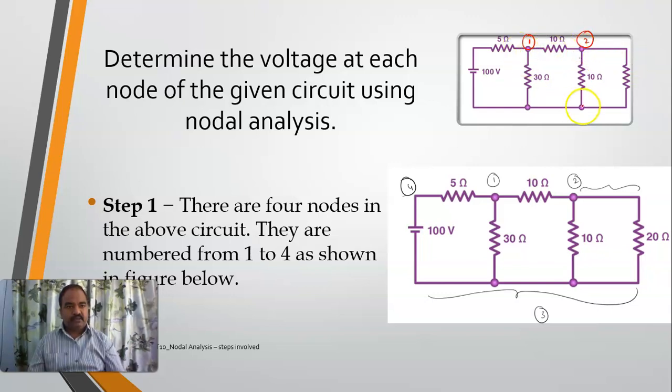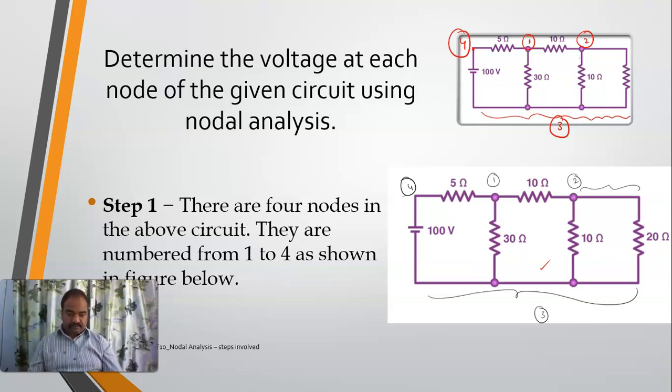Here 1, 2, 3, and here this is completely a single node. This element is connected, this element is connected, this element is connected, so I'll directly take it as 3. And here there are 2 elements connected, it is 4. The same I have mentioned here. So totally how many nodes are there? 4 nodes, and they have been assigned 1, 2, 3, 4.